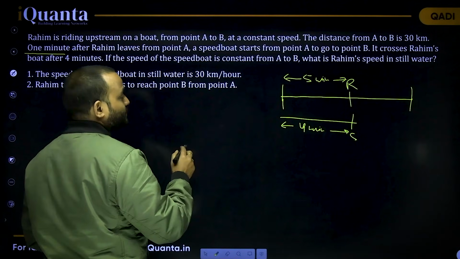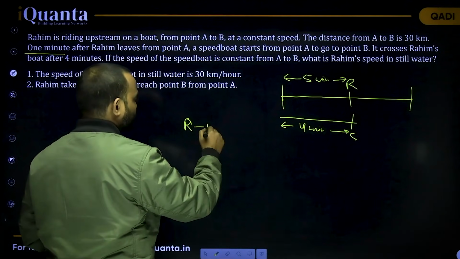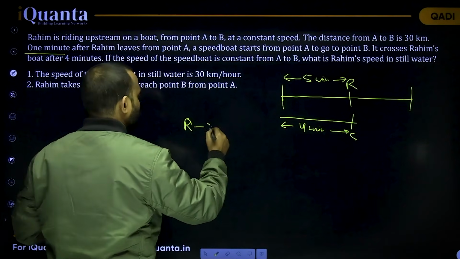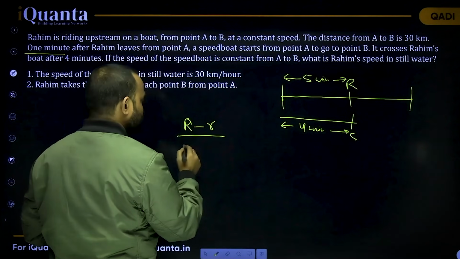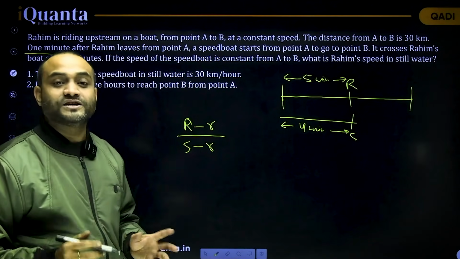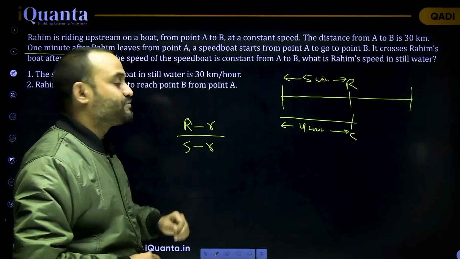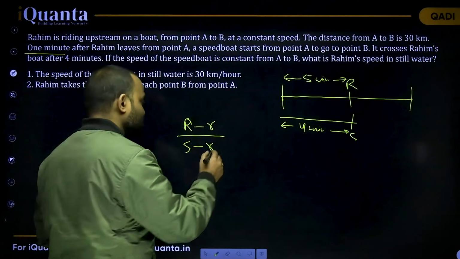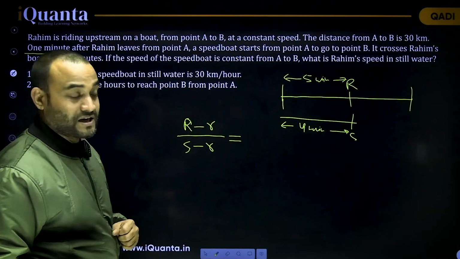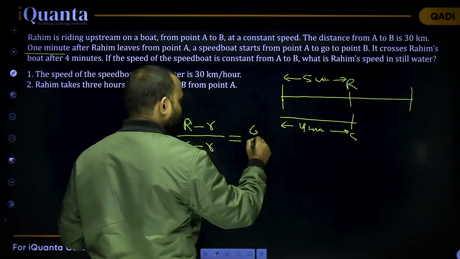Speed of Rahim minus speed of river, let's say the speed of river is small r, and speed of speedboat minus speed of river. This is the ratio of their speeds, right? Rahim in upstream and speedboat in upstream, and this ratio should be equal to the opposite of the time taken by them, right? So R minus r in this case 5, this is 4, so this will be 4 by 5.